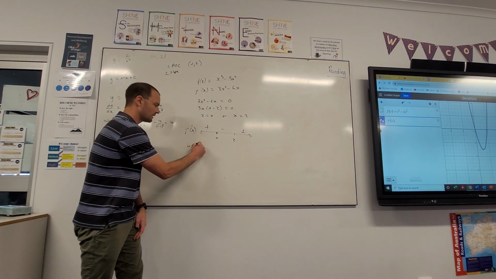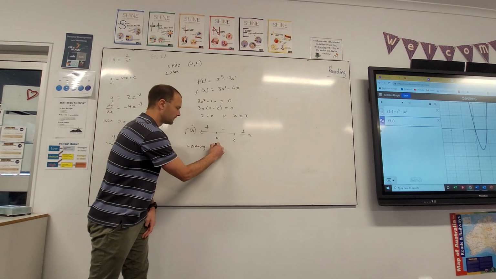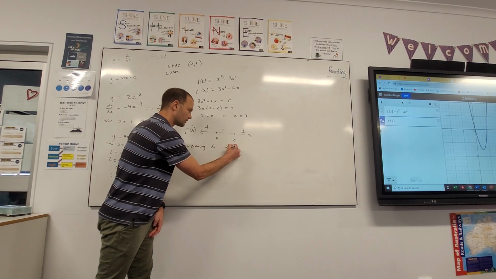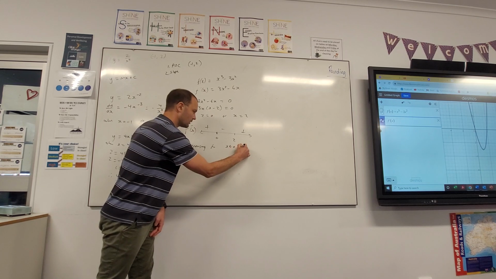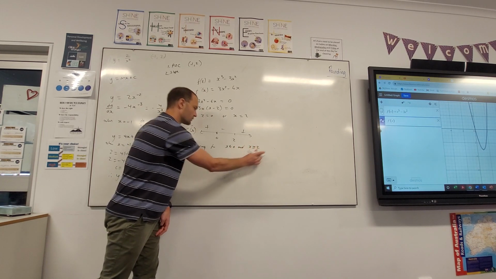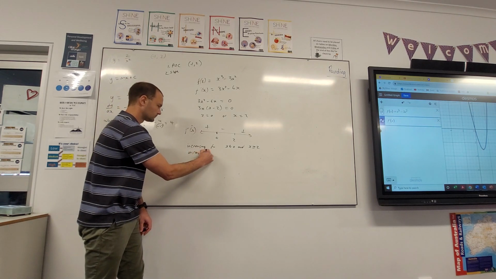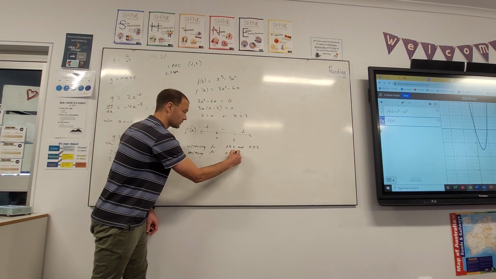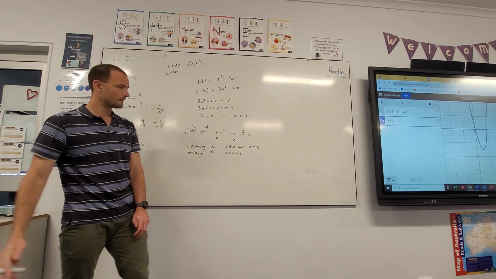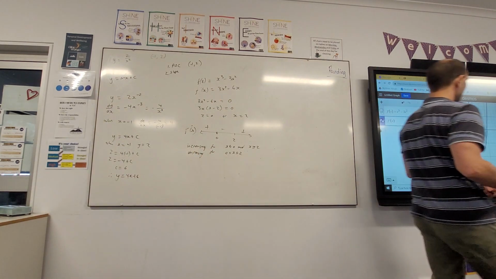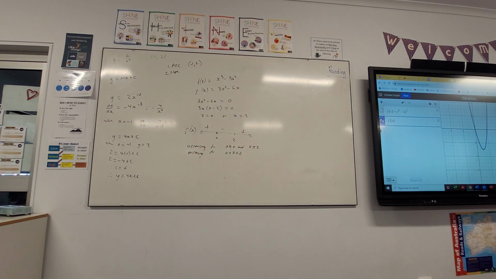And so we can see increasing for x is less than or equal to 0 and x is greater than or equal to 2, and decreasing from 0 to 2. Now, we can actually see that just from the original graph. Increasing until we get to 0, decreasing between 0 and 2, and then increasing again.